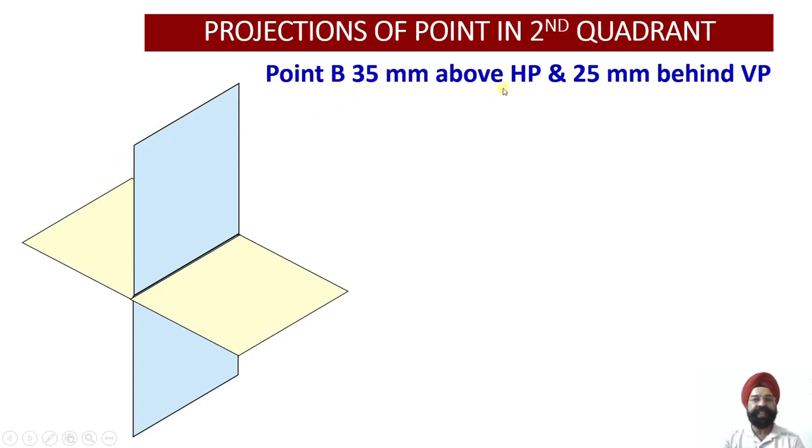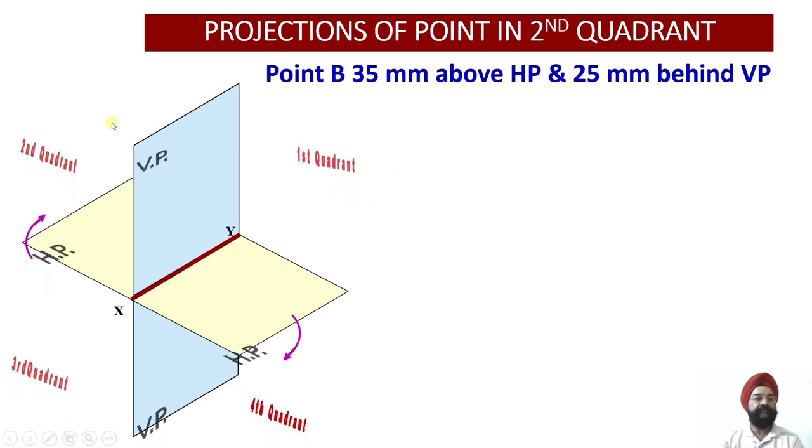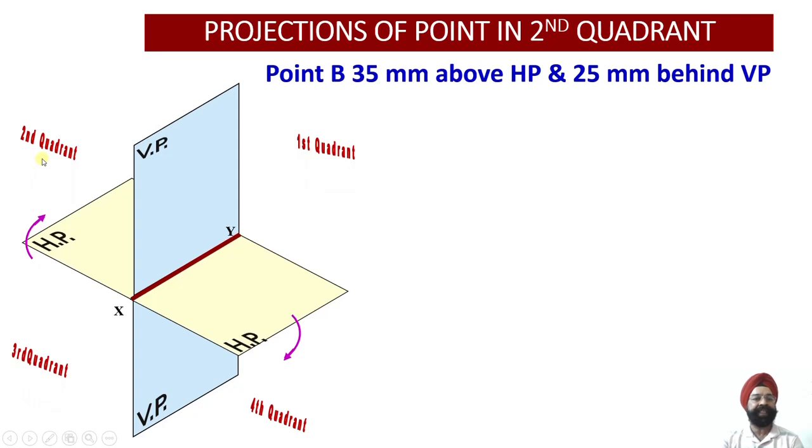So the vertical line will give us the distance above HP, and this horizontal line will give us the distance of the point behind VP. So by looking at the coordinates, we fully understand that this particular point or object lies above HP and behind VP. So this happens to lie in quadrant number 2, that is the second quadrant.